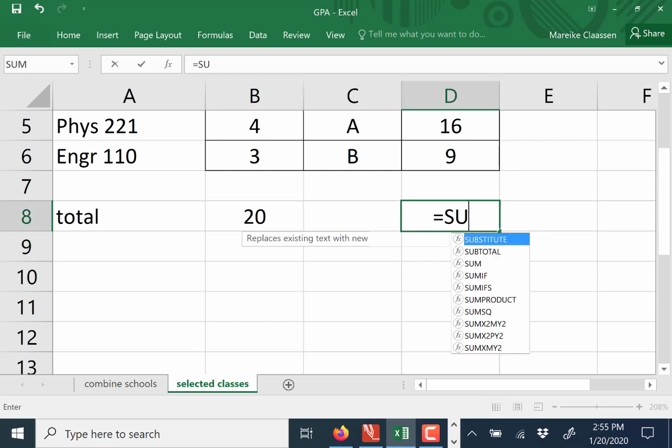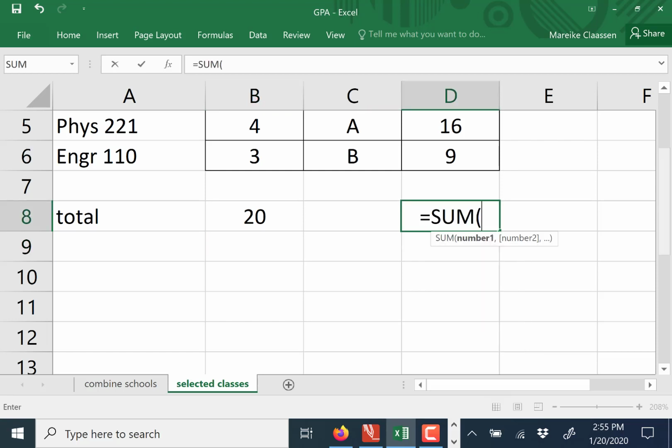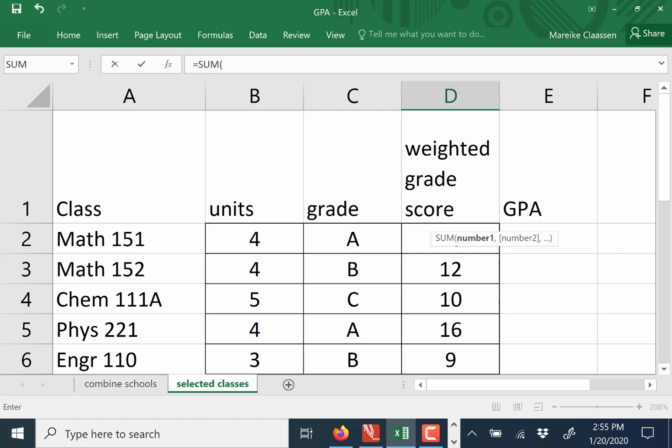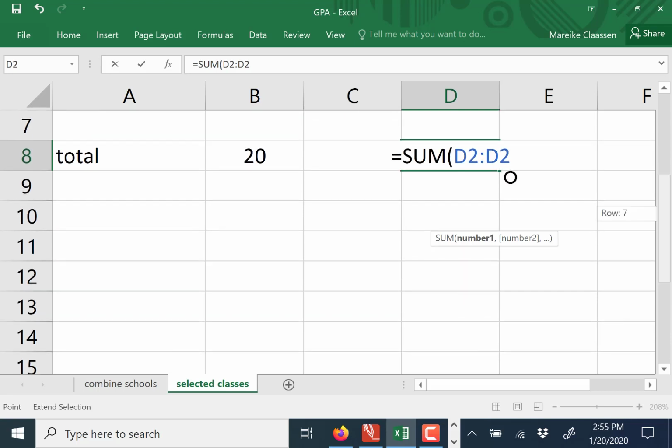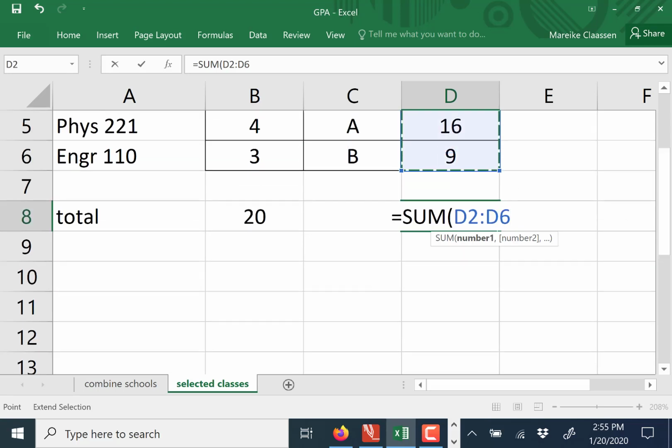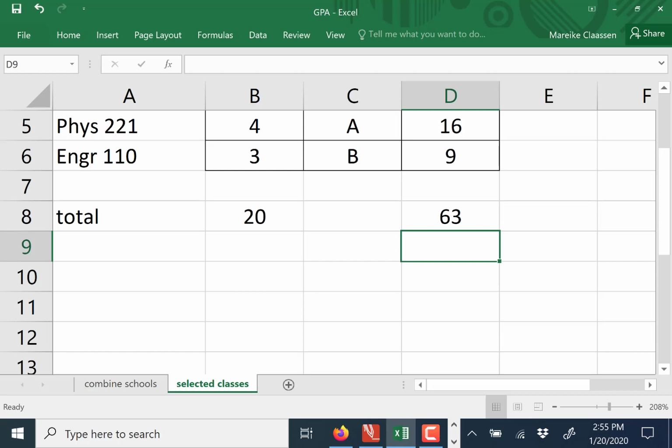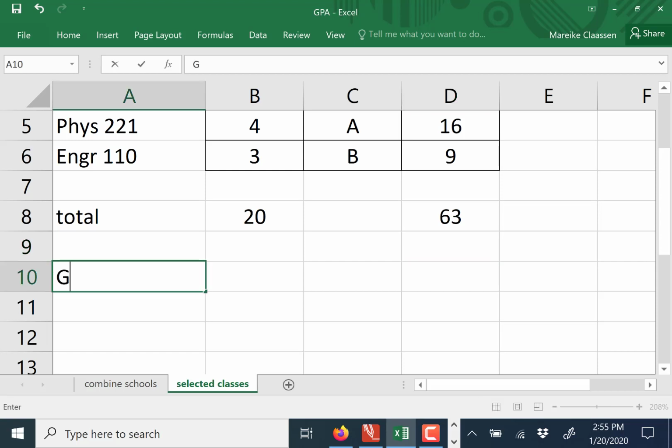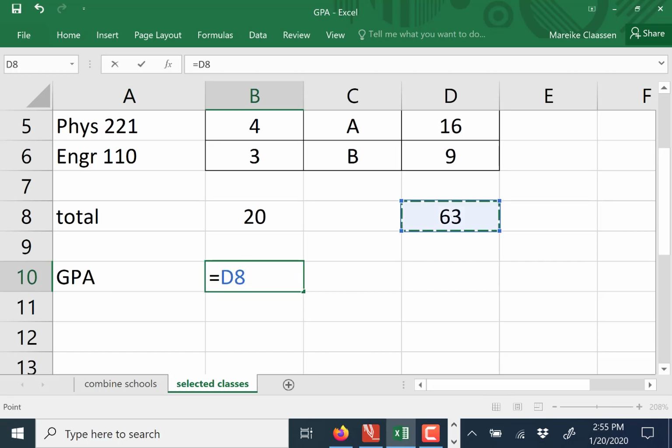So equals the sum from the top cell to the bottom cell, okay? And then to calculate the GPA, all I'm going to do is divide the number of points divided by the number of units.